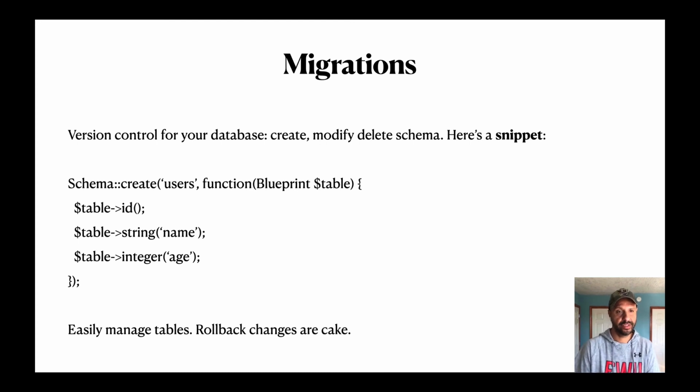So you actually use the schema create, give it the users name, use this library called Blueprint, which will allow you to use the syntax, and then I specify the ID, the string, or the name and the integer, and that'll basically create that create table SQL statement for me, and then run that against the database to create a table.